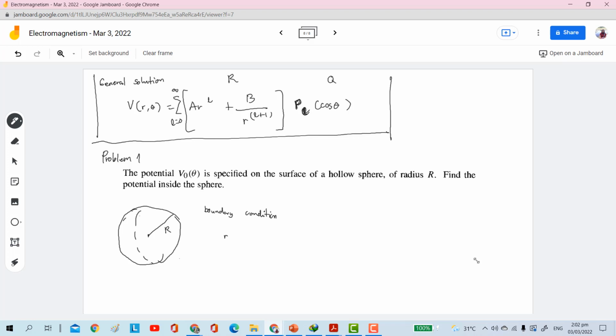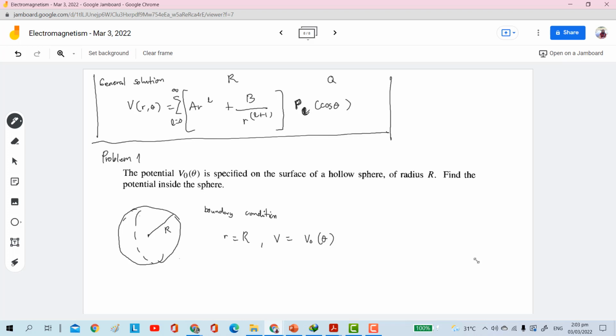For small r equal to big R, or for distance gikan sa center sa imong hollow sphere, for a distance r, kining dako nga r, equivalent to the radius of the sphere, the potential V is equal to V naught, which is a function of theta. Okay, so this is our boundary condition. Now we are to find the potential inside the sphere.